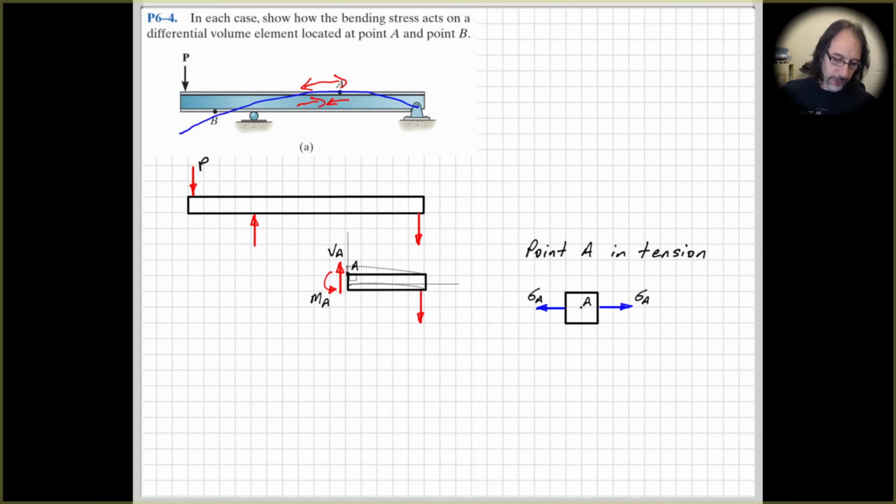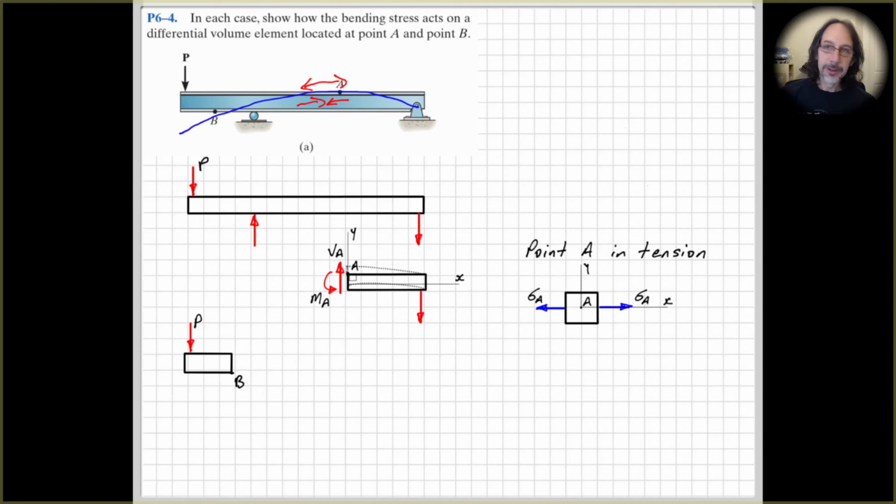So if we call that horizontal direction X, longitudinal along the beam, X, and then the vertical direction we call Y, then over here on our stress element we can put X and Y. So now we can see clearly that the stress at point A acts in the X direction, longitudinal along the beam. All right, let's have a look at point B.